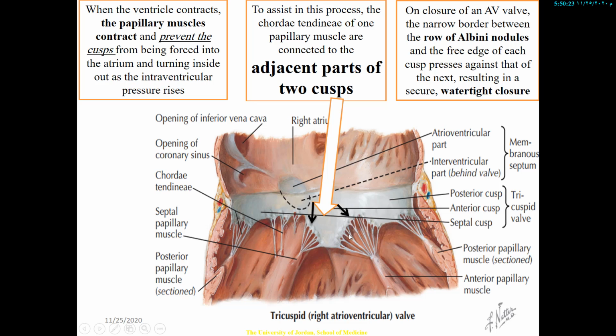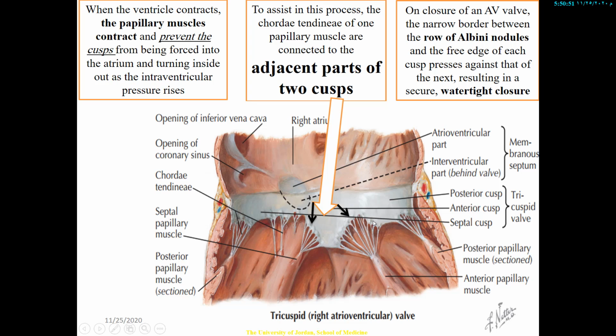As you can see, this is one papillary muscle, and it is connected to this cusp and to the other cusp. So when the papillary muscle contracts, it won't just affect this one, but would affect this one too. It would act on both of them.